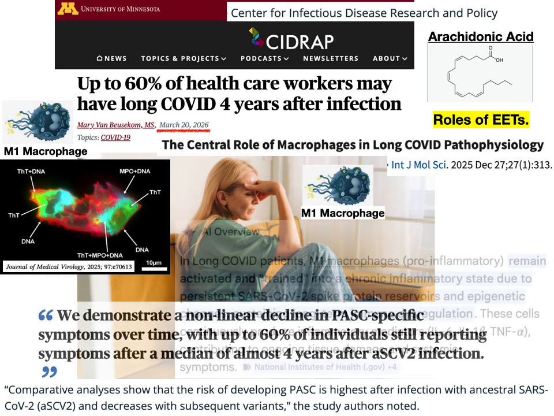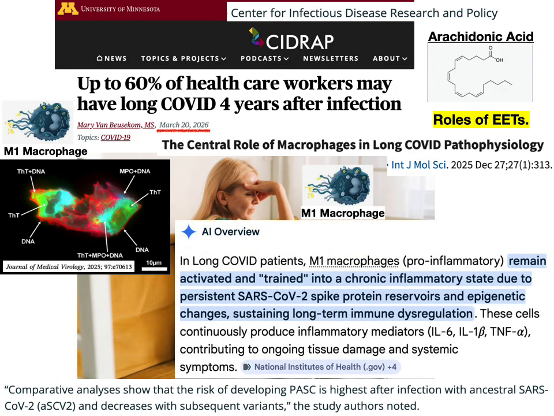An AI overview which involves this review: In long COVID patients, M1 macrophages, pro-inflammatory, remain activated and, quote, trained into a chronic inflammatory state due to persistent SARS-CoV-2 spike protein reservoirs and epigenetic changes, sustaining long-term immune dysregulation.